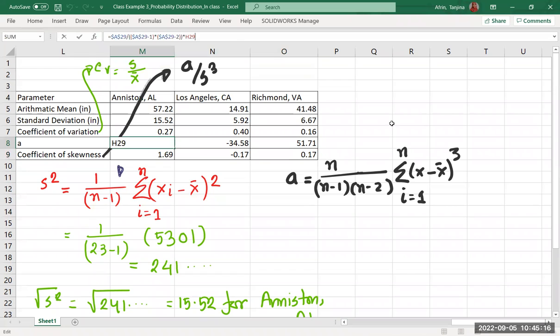So what I did, I used n over (n minus 1)(n minus 2), which was 23 over 22, 21, and multiplied with this whole thing. Did you get that number or did you get something different? Yeah, I got something. Okay, I will come to you. Just give me 2 minutes so that I can make some comments.